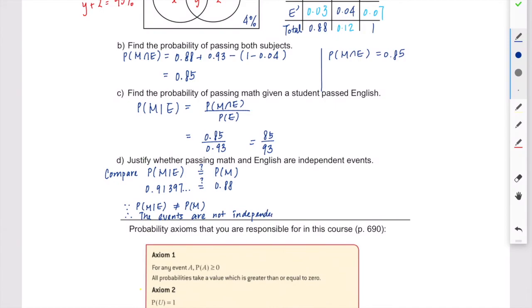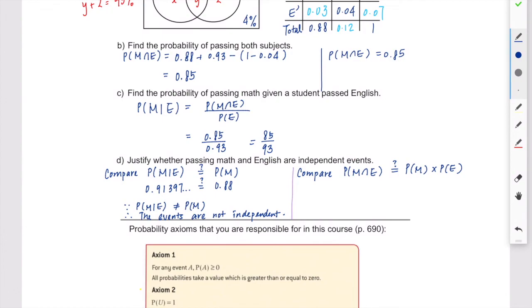Okay. Another method to do this, which is my personal choice, I don't know why, but it's a habit, I guess, is to compare P of M and E to what it would be if M and E, passing math and passing English, were independent events, because the AND of two independent events can be calculated by multiplying the individual probabilities, right?